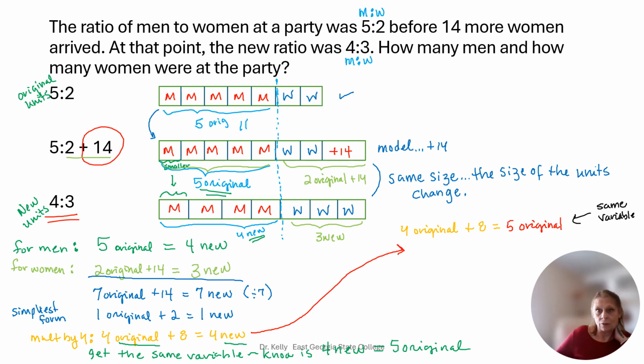And we can add those things together, move them from one side of the equation to the other, and all of that business. So if I subtract this 4 originals from both sides, I'm going to get the equation of 8 is equal to 1 original.